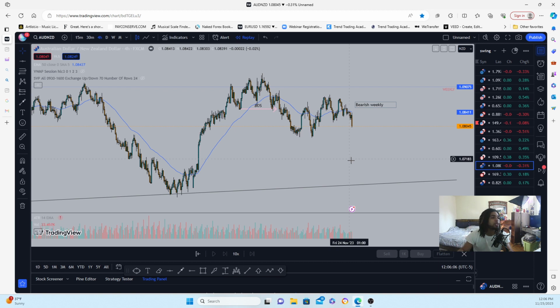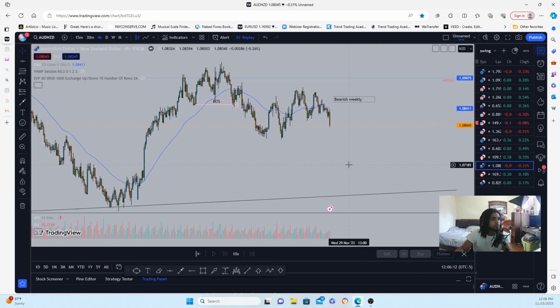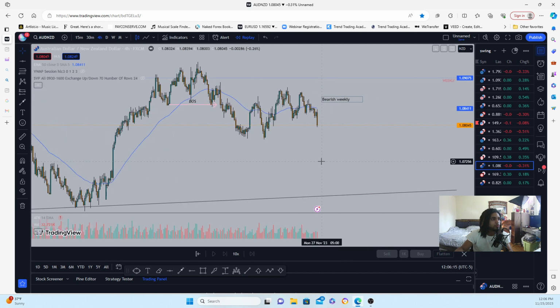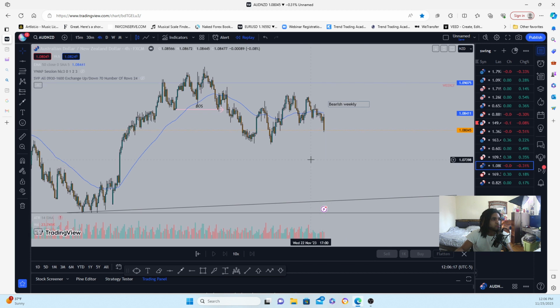Okay, got a little slight breaker structure right there. Break structure right here.